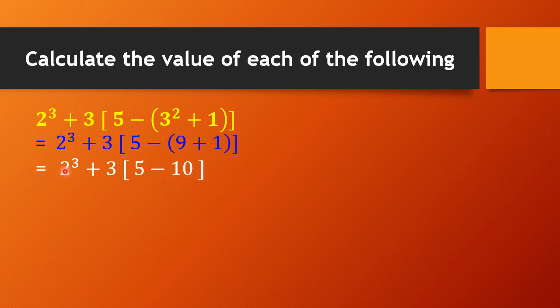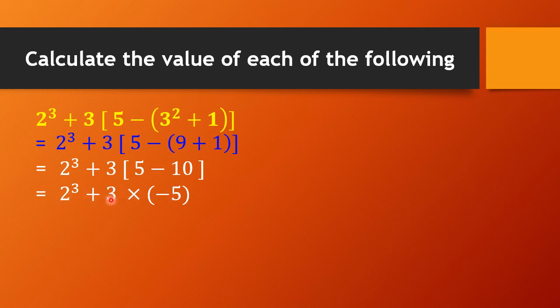And write the same numbers. After that, 5 minus 10 equals -5. Write the same numbers, but instead of 5 minus 10, it will be -5. We have power, multiplication, addition.